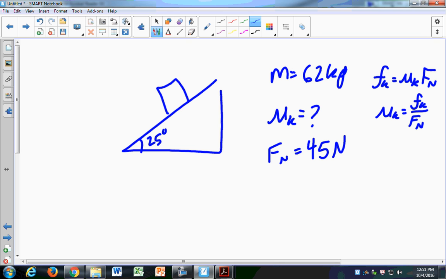Let's label all of our vectors. I have Fn, this is Fw cosine of 65 degrees. I skipped a little step there. I didn't draw the force weight as it goes straight down, but I broke it into its x and y components. Fw sine of 65.